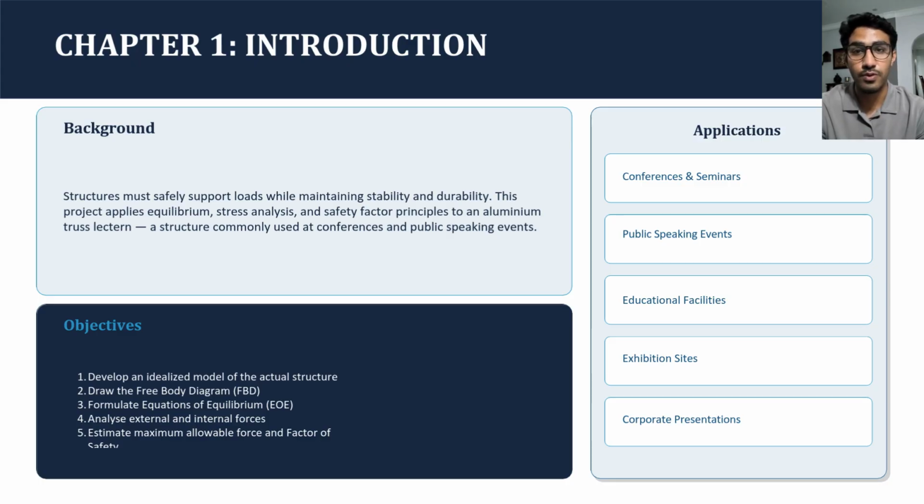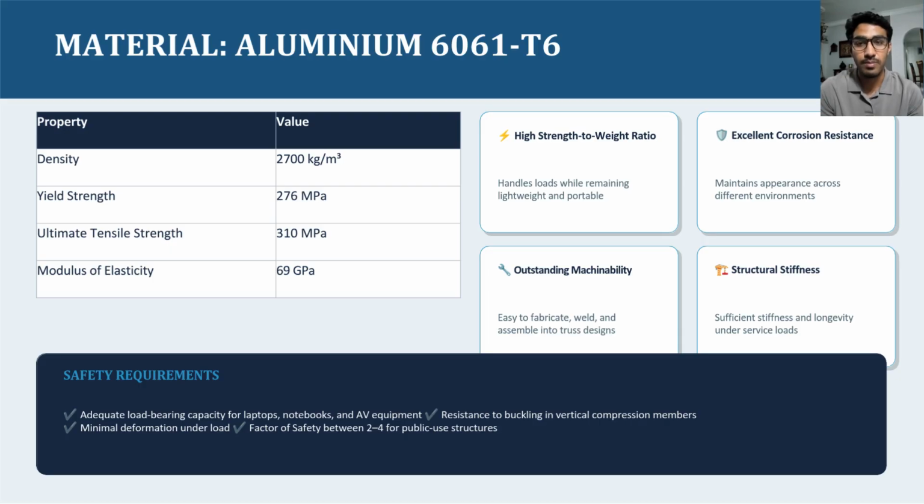Our objective is to develop an idealized model, draw the free body diagram, formulate the equations of equilibrium, analyze the external and internal forces, and determine the maximum allowable force and factor of safety.